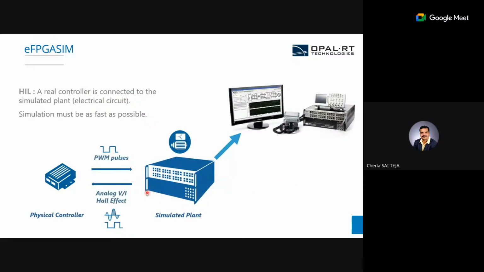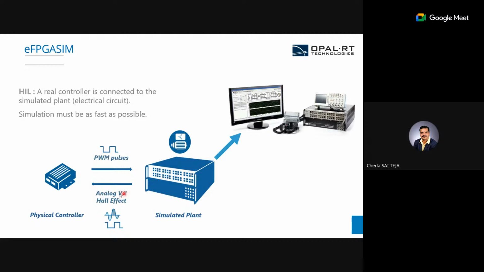So here, in hardware-in-the-loop testing, as I told, a real controller is connected to a simulated plant. Whenever you're doing a power electronics based study, this simulated plant normally may have a power converter or a power drive. Along with the converter, you might also have a motor. So this plant must run as fast as possible in order to take these PWM pulses as input, do the required simulation, meaning driving the converter and then the motor, and then provide the feedback back to the controller.